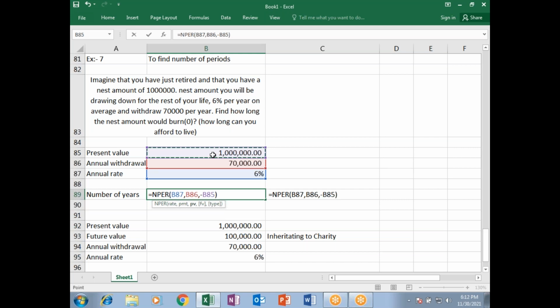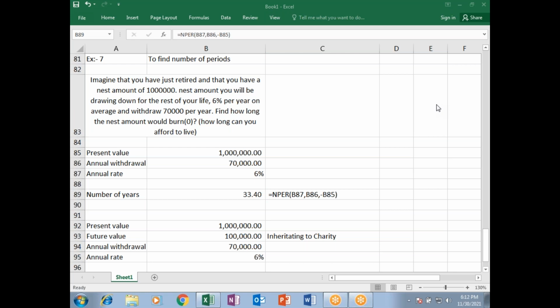So I'm not continuing the formula further, so you don't need to give a comma and 0. There is nothing to represent, so it's not required there to give 0. Okay.